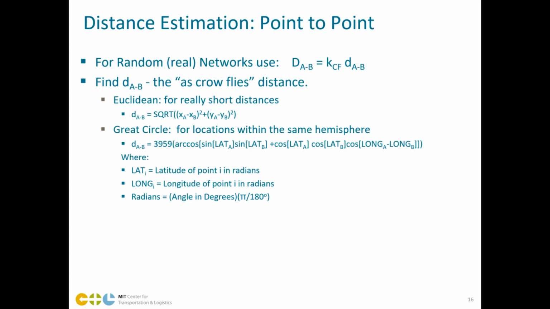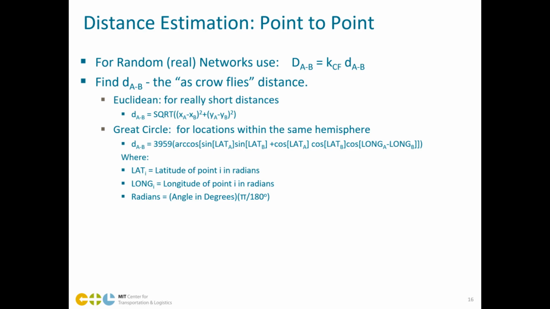So what it's really doing is finding the 2 points on a sphere. What is the distance between those? The direct distance. If the crow could fly across the hemisphere, how would it fly? What would its distance be? And the latitude and longitude are in radians. And so if you have them in degrees, you need to convert them into radians, and you simply multiply by pi over 180.